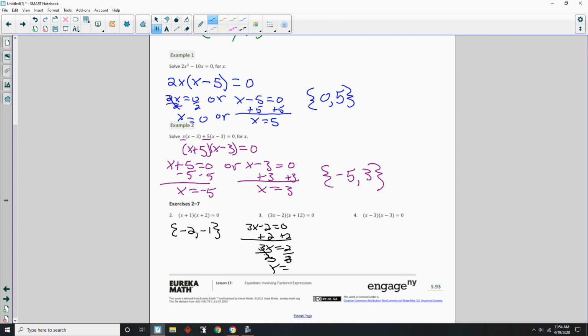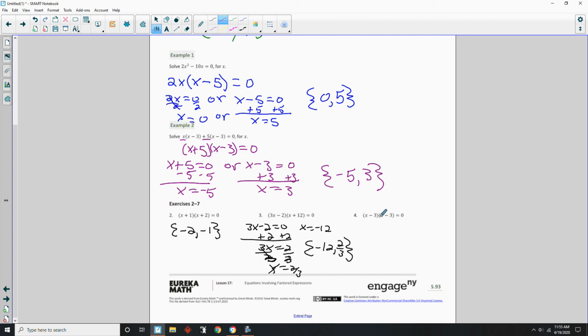This is a 3. 3 divided by 3, and 2 divided by 3 will give me 2/3. So all you're really doing is taking this number and putting it under here and changing the sign. That's the shortcut. All right, so I got 2/3 here, and x equals negative 12 here. So my solution set would be negative 12, 2/3.